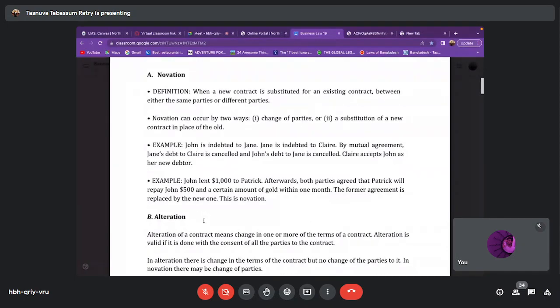Situation two can be when you substitute a new contract for an old contract. Say one party has taken a loan from the other party. So John has taken a $1,000 loan from Patrick. Now John does not have $1,000 to return.